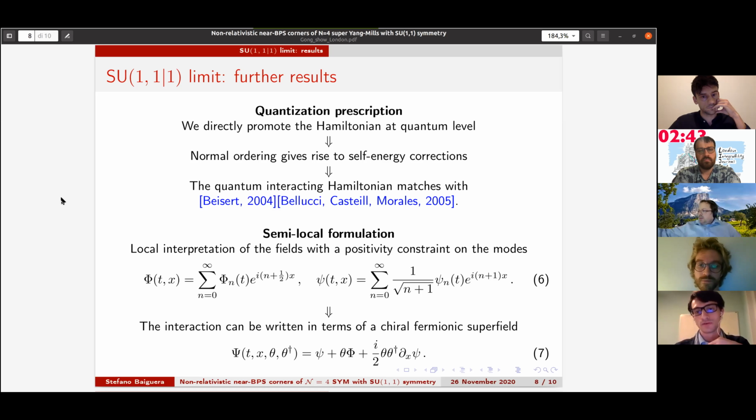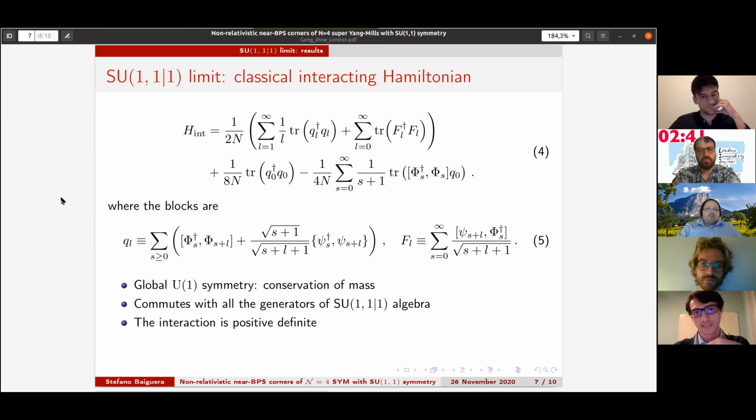So, for example, if one wants to go to strong coupling, this interacting Hamiltonian would be multiplied by some coupling constant. And the fact that this is positive definite allows to find that if you go to couplings going to infinity, at leading order you simply need to put to zero this interaction to find the solutions.